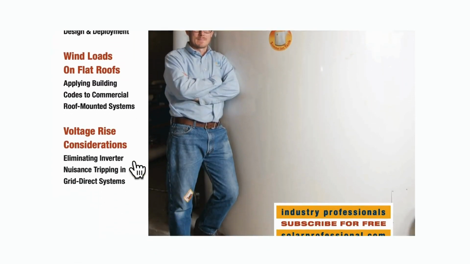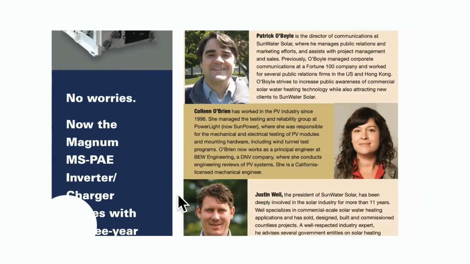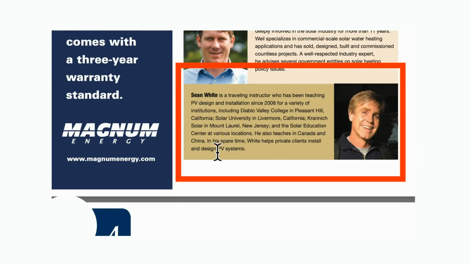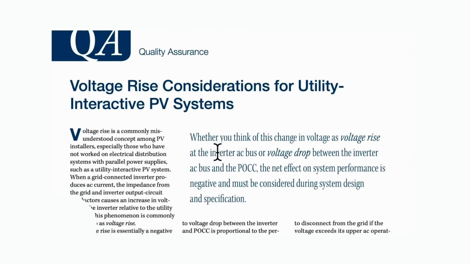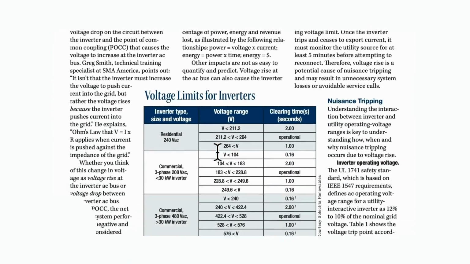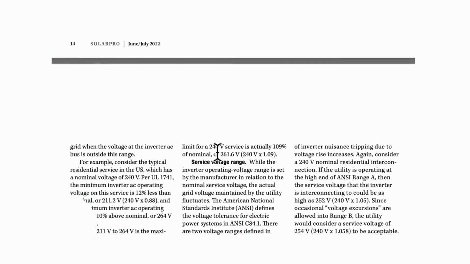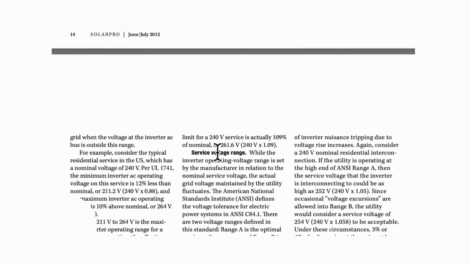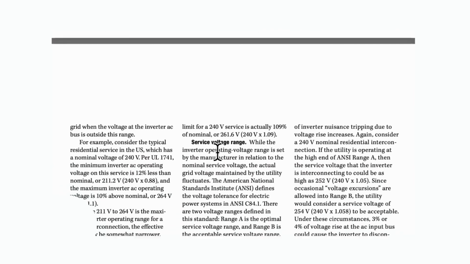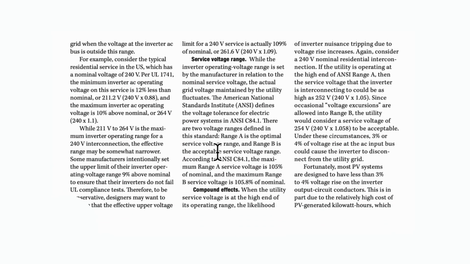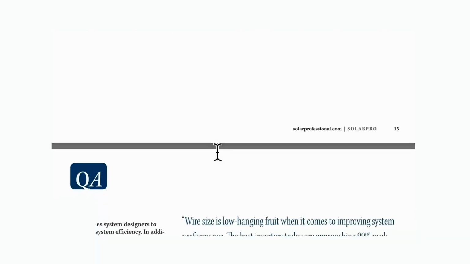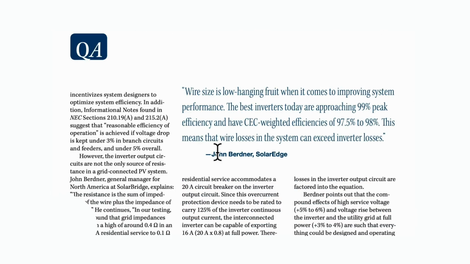And you can see voltage rise considerations. And then we're going to find this character right there, Sean White. And then we can see this article about voltage rise, and it's kind of complicated. I tried to write it a little bit simple, and then those super smart editors made it a little bit more complicated. So it was kind of over the heads of people that are not engineering systems all the time.